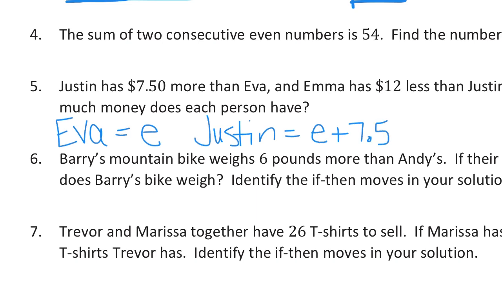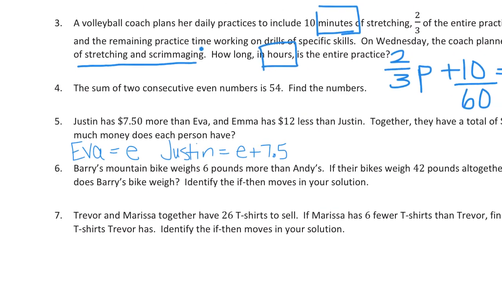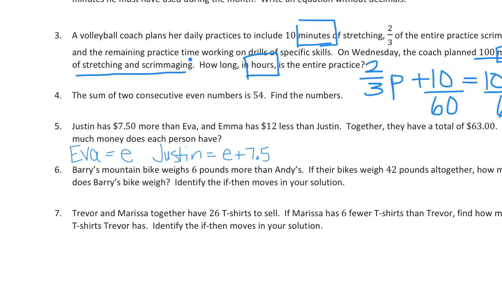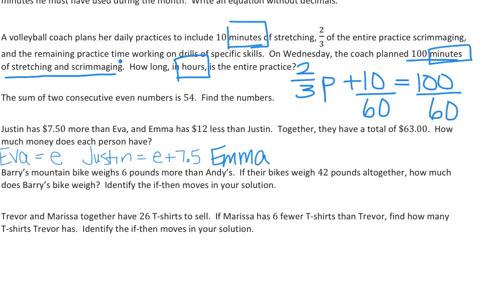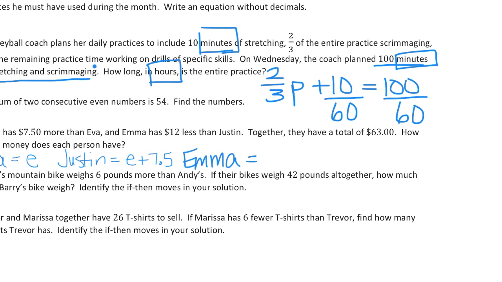And then Emma has 12 less than Justin. So Emma equals what Justin has minus 12. Now all of them together have a total of 63.